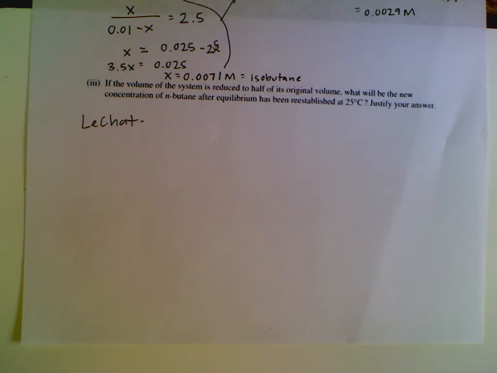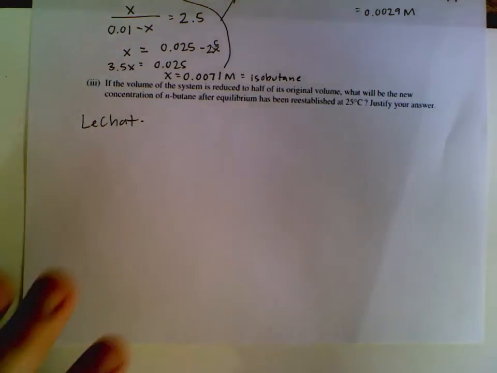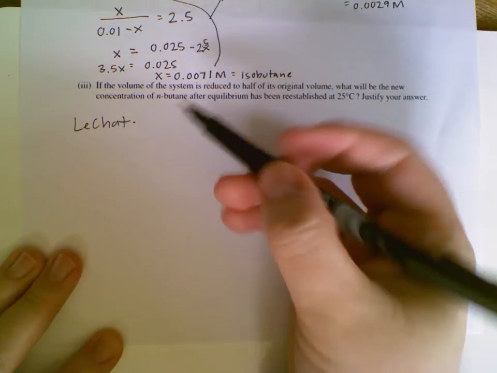When we talk about gas systems, if there are more moles of gas on one side than the other, and you make the container smaller, the reaction is going to shift away from those moles of gas. However, in this case, since it is a 1-to-1 mole ratio, you are not going to have a shift in equilibrium to one side, more product or more reactant. So I'm just kind of talking about that here.